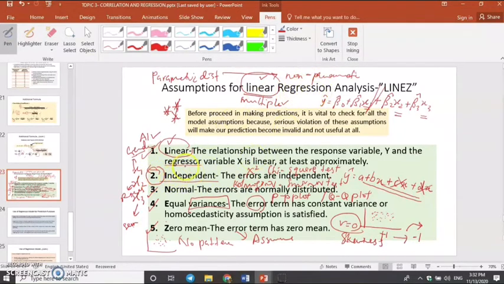For parametric, you can actually use Durbin-Watson. Actually there are many tests, but you have to look at the key point, which is linear. First we check whether the data is linear, the second one is independent, and then normal, and then equal variances, and then we must have the zero mean. Okay, we must assume that the data has zero mean, meaning the error term.